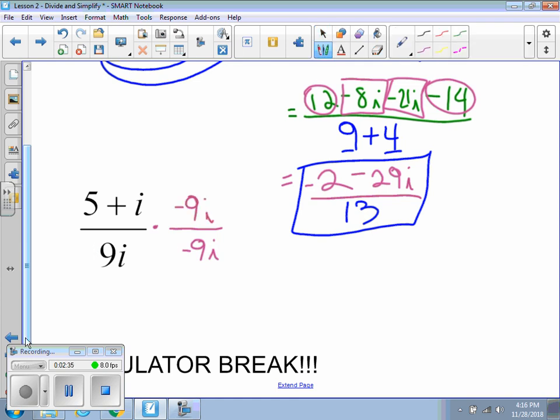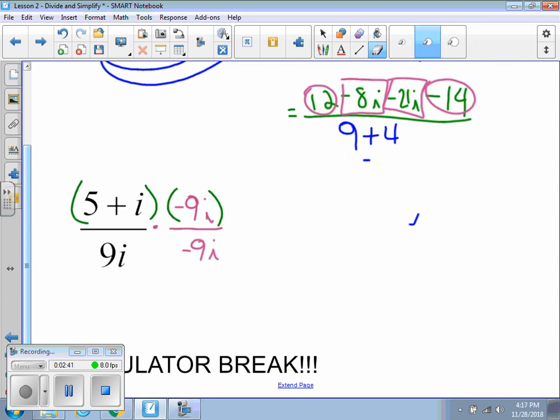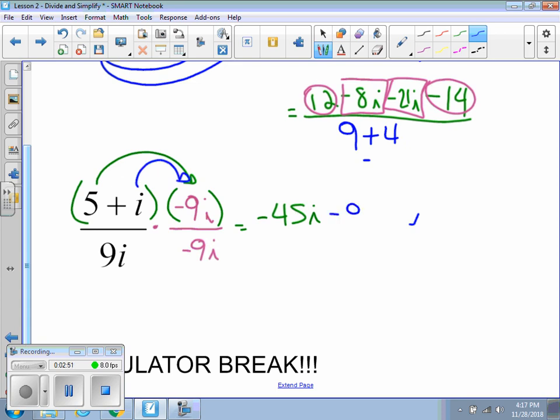So this problem is a lot easier, even though it looks different from what we've been doing. All right, so I've got 5 times negative 9i, that gets me negative 45i, and then I've got i times negative 9i, which gets me negative 9i squared.